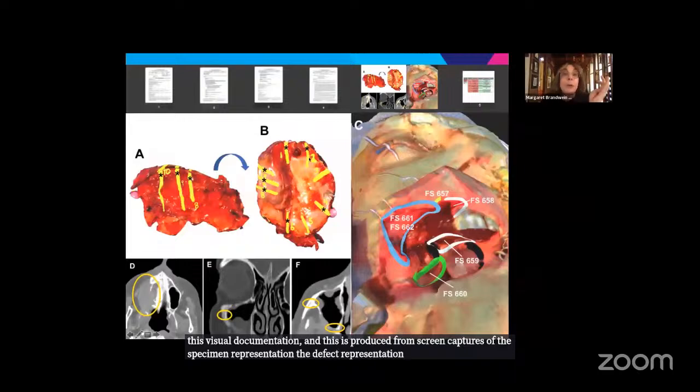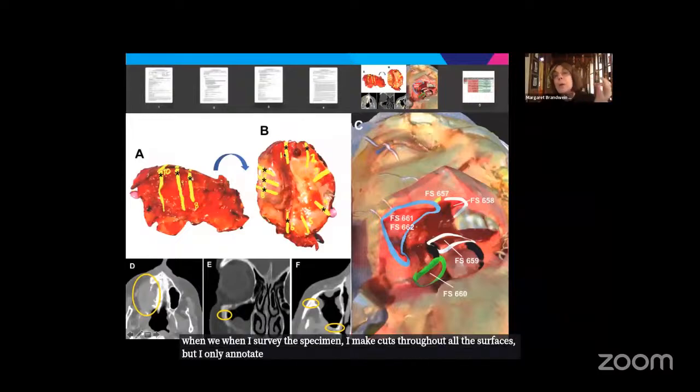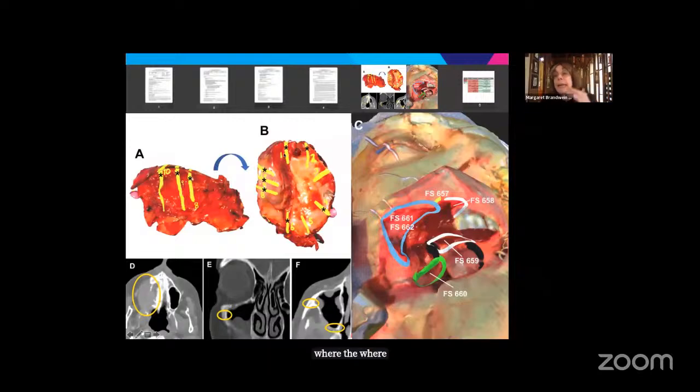Here we've mapped this to the numbered margins. When I survey the specimen, I make cuts throughout all the surfaces, but I only annotate where margins are that I've taken to examine. And then here, the surgeon has annotated where the supplemental margins have been harvested.